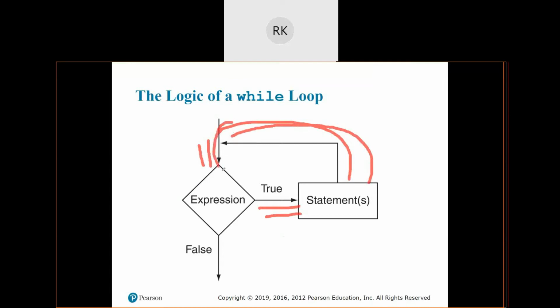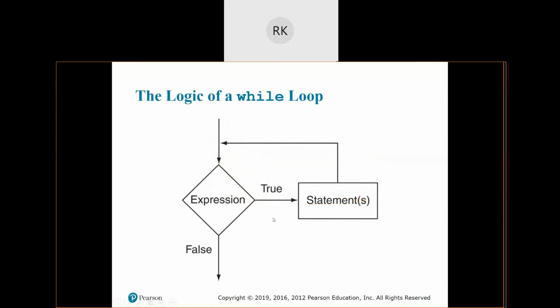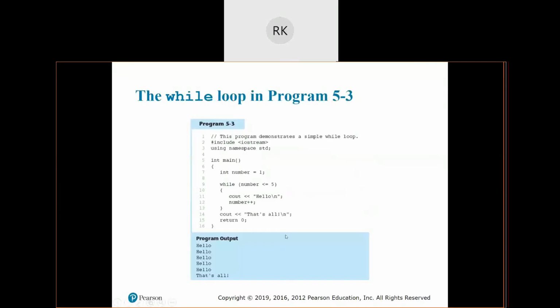This repetition will be continued. This is a loop. It will be continued as long as this condition is true. When this condition becomes false, it will not go there, it will go here, and here may be something else, or maybe the program stops.